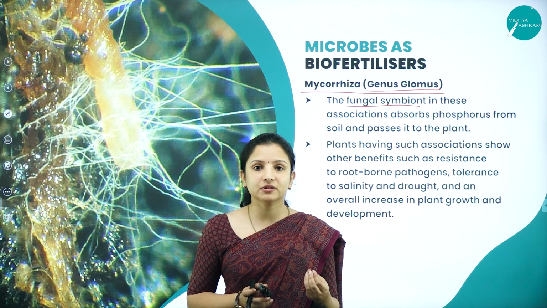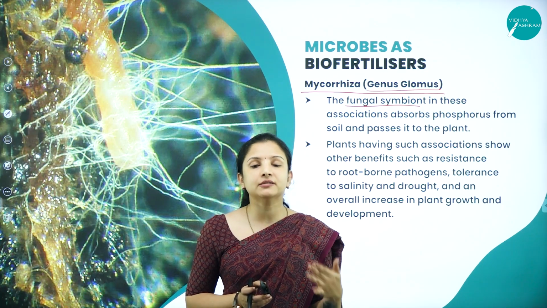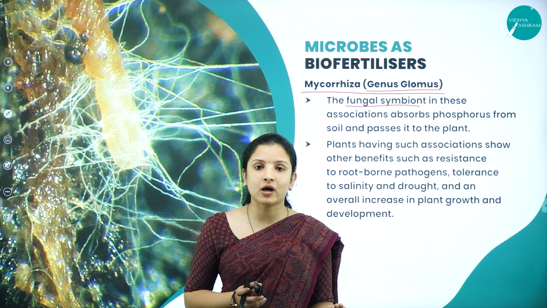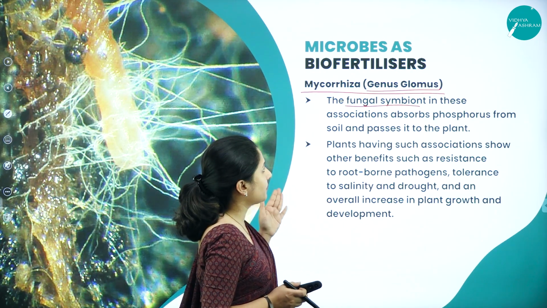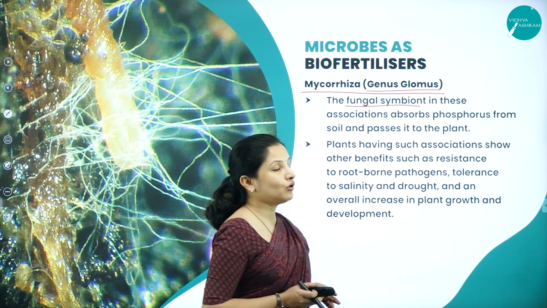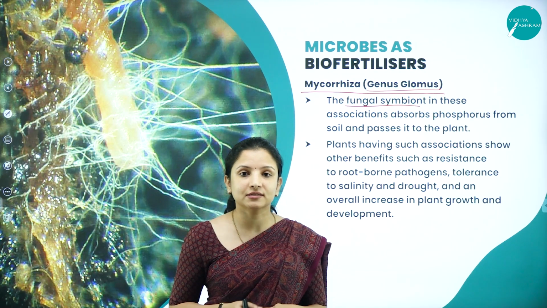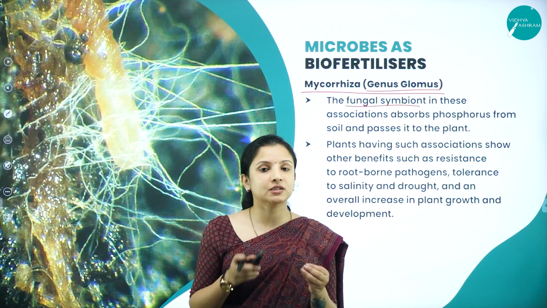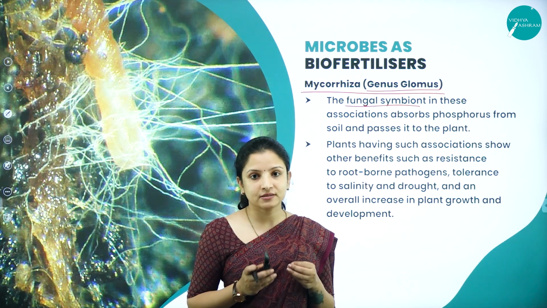So how can we help the plants absorb large quantities of phosphorus according to the requirement? That is by this particular fungi called mycorrhiza. Mycorrhizas are fungi which help the plants absorb phosphorus from the soil at a faster rate.